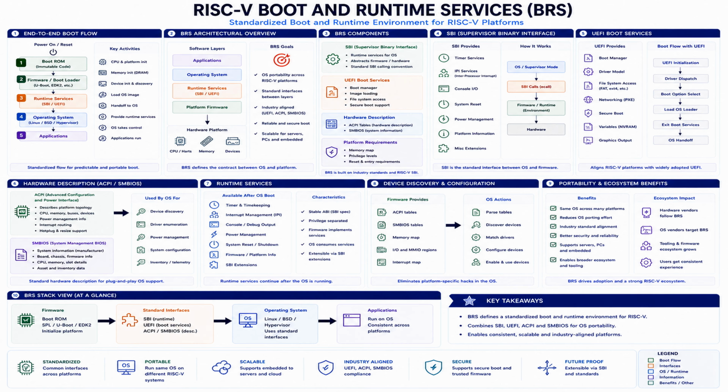BRS deliberately mirrors proven ecosystems such as UEFI, ACPI, and SMBIOS, ensuring that tooling, management, and diagnostics work out of the box. The specification mandates a deterministic, cryptographically verifiable boot path from firmware to the OS, protecting the platform from tampering. So BRS defines the contract between the OS and the platform.